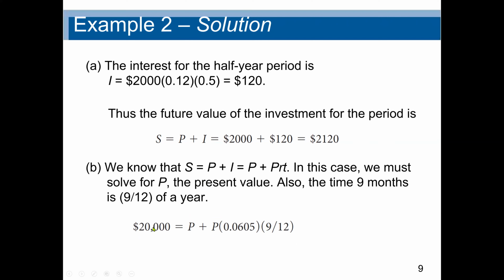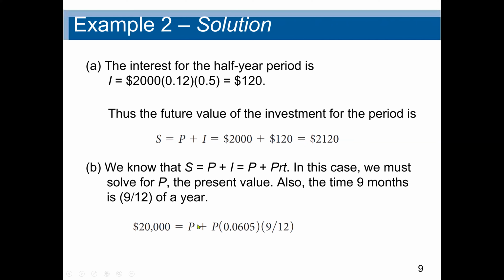In yearly terms, our time period will be 9 divided by 12. We know the interest rate is 6.05%, so it will be 0.0605. Interest rate must always be changed to decimal, and time must always be in years. We are looking for P, so we don't know P. Here we can do the calculation, 0.0605 times 9 divided by 12.